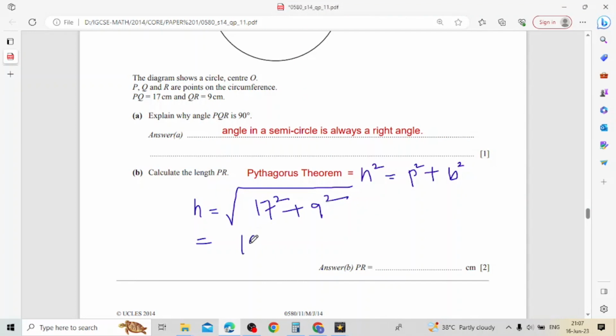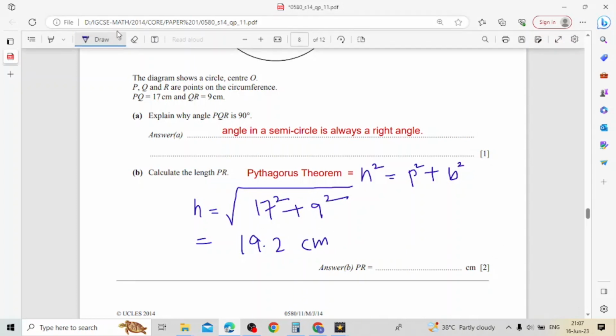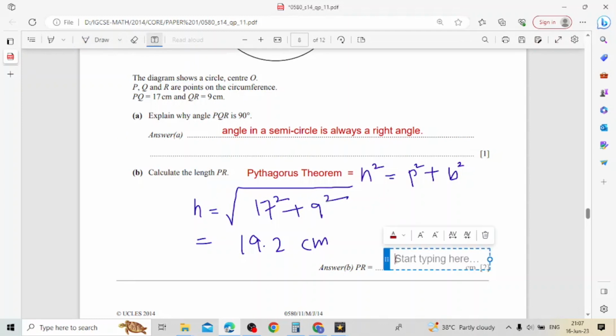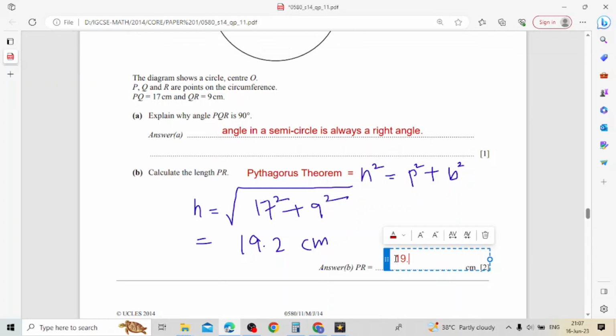Yes, 19.2 centimeters. Okay, so here we can write the same answer, 19.2.